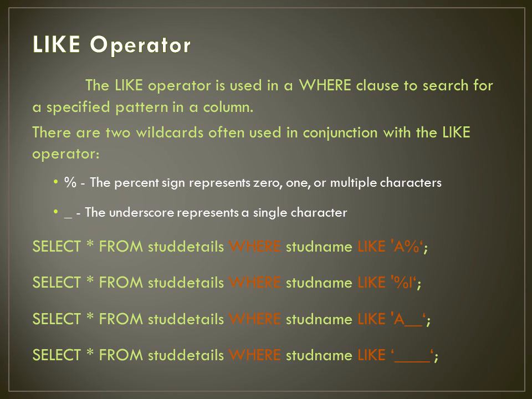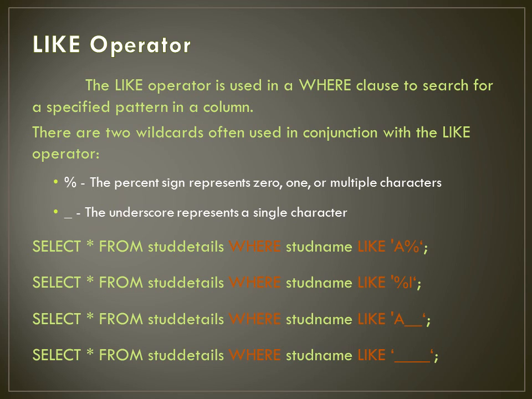Next, underscore. The underscore represents a single character. Let's see the example. Select star from student details where student name like within single quotes A percentage. This query will return the student details whose name starts with A.